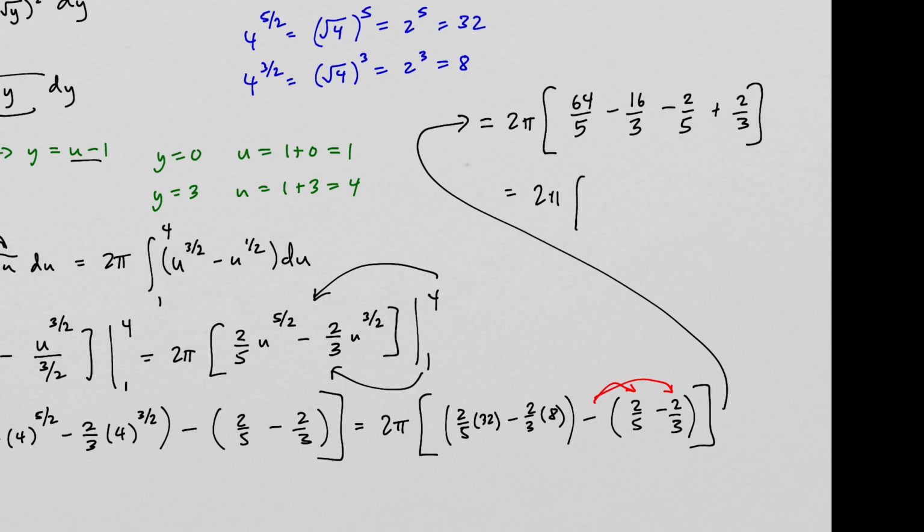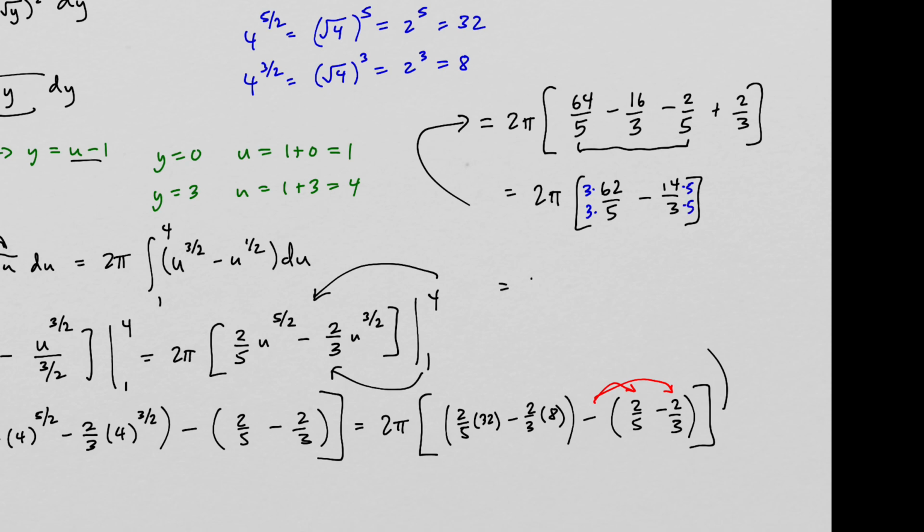We have 2 pi multiplied by 64 over 5 take away 2 over 5 is 62 over 5. And negative 16 over 3 plus 2 over 3 is negative 14 over 3. And then finally, we just need to combine these by getting a common denominator. So we're going to multiply the top and bottom here by 3 and the top and bottom here by 5.